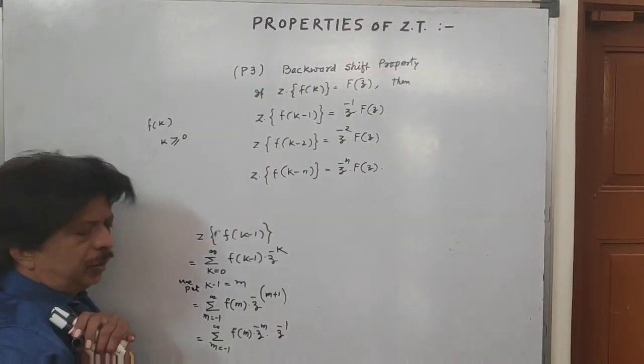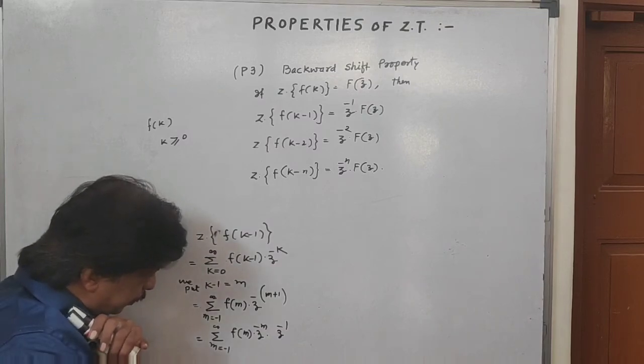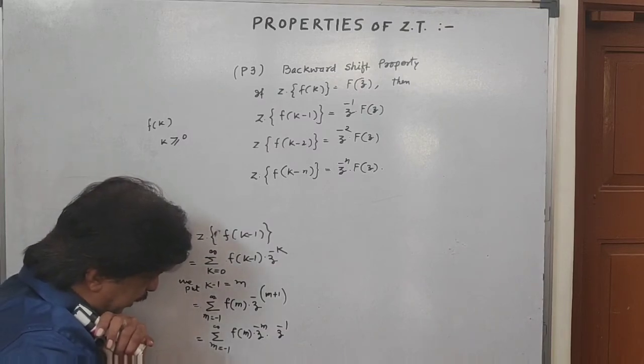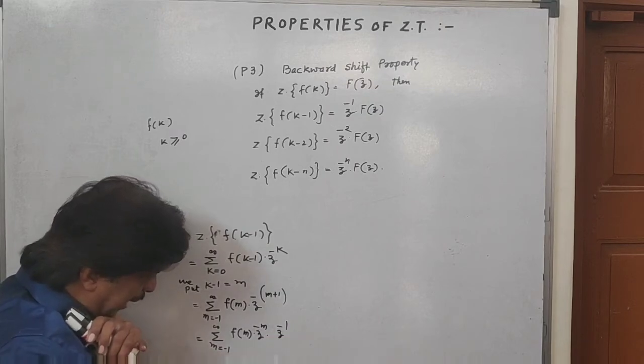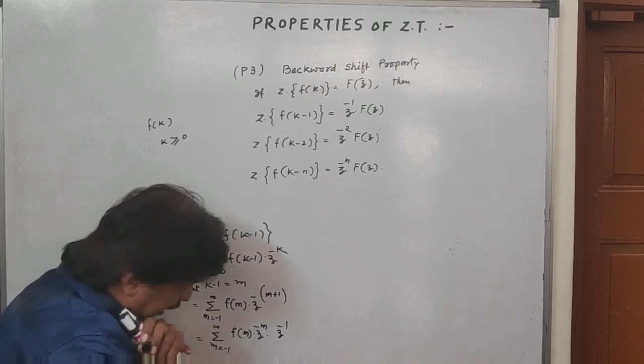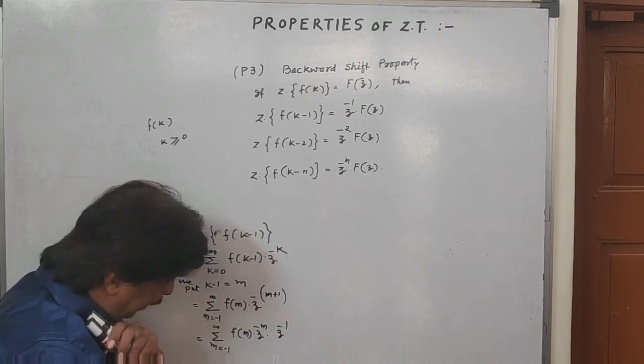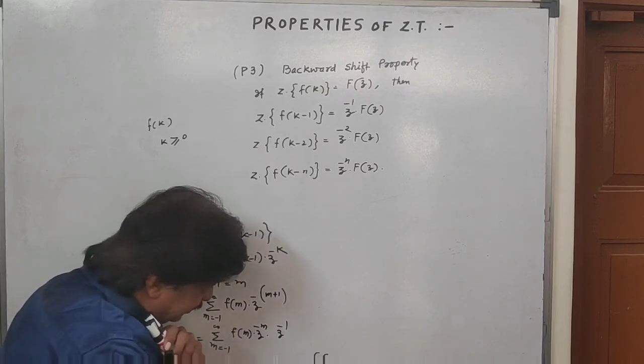Note this. So it is equal to summation from 0 to infinity f of m z raised to power minus m. I have taken this z inverse outside. Why did I write it this way? Because f of minus 1 is equal to 0.